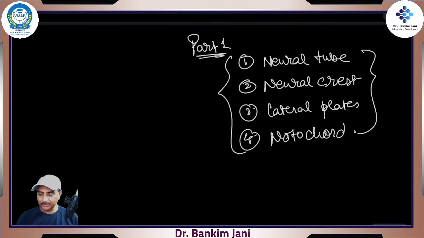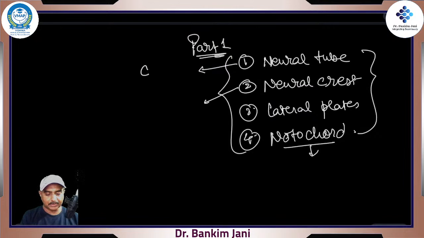All you need to know is where exactly the notochord is formed, how it is formed, how it functions, right? Notochord was the signaling system. Neural tube and the neural crest, vital thing just to remember.